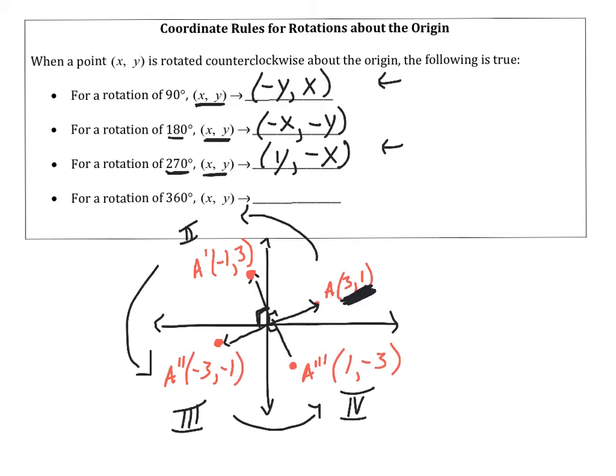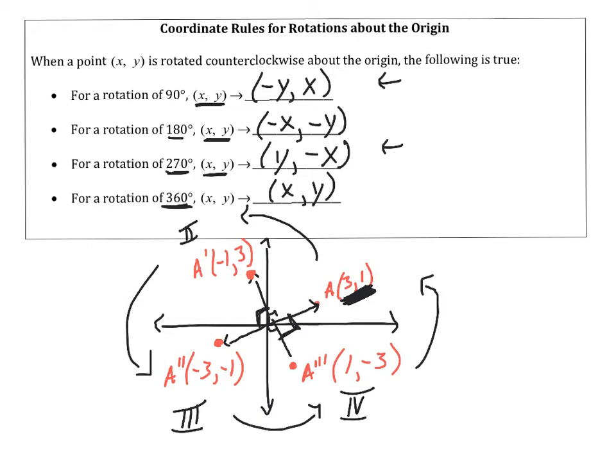Now, what's going to happen if I rotate another 90 degrees? Where am I going to go back to? Now I'm going another right angle, which is going to take me right back to where I started, which is (x, y). So if I rotate 360 degrees, my point technically is not going to change.